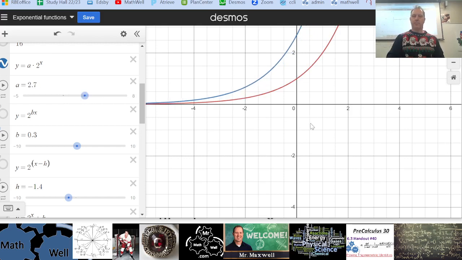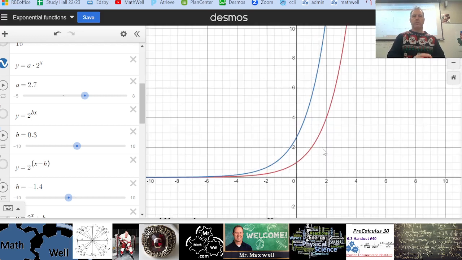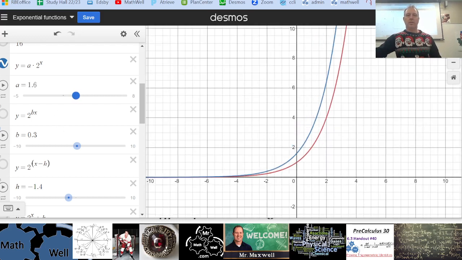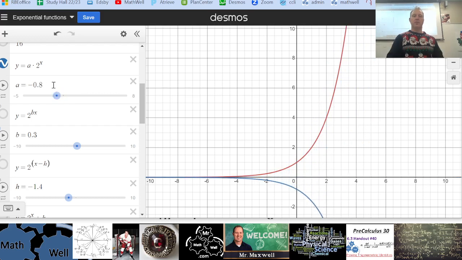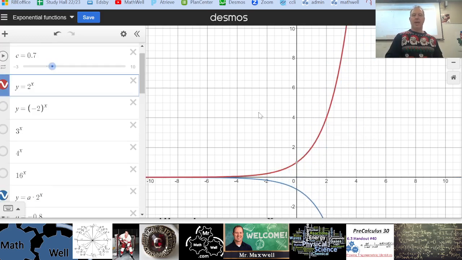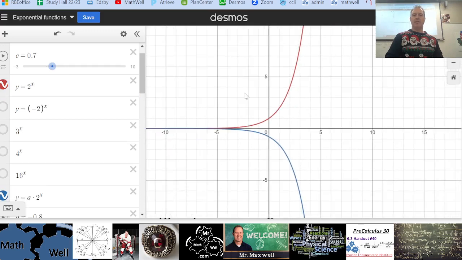If the a value is less than 1, then it squashes it down. And if the a value goes negative, it flips it around the other side. We haven't talked about this one so much, but if the a value in front of the graph is negative, then it flips it vertically.